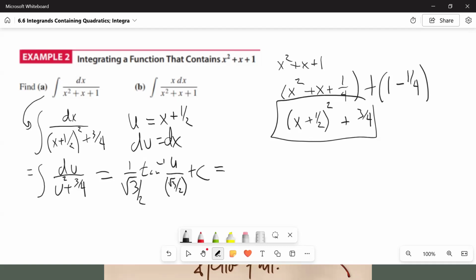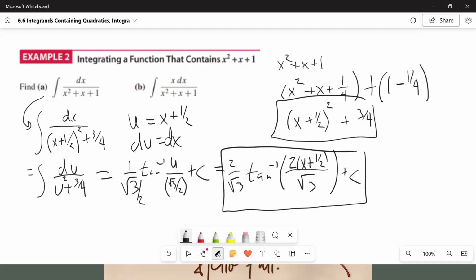Now if I back substitute and clean up the fractions, I'm going to have 2 over root 3 tangent inverse of 2u over root 3, and u was x plus 1/2, so 2 times x plus 1/2 over root 3 plus c.